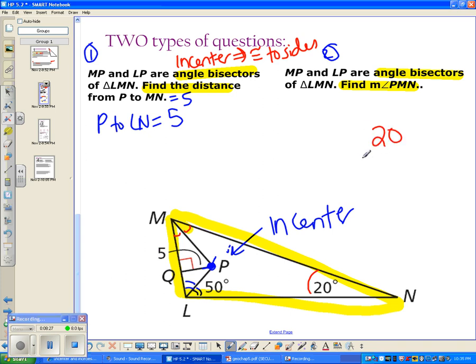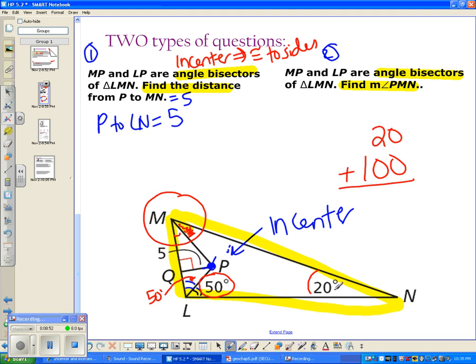Now, I don't know everything about this angle, but I do know that this angle is 50, and these are angle bisectors, so that means that this angle is 50. So this whole angle of the triangle is now 100. And I don't know what this third angle is. And I know that this is part of it, right? So what I'm going to do is add that up, and that's 120 degrees.